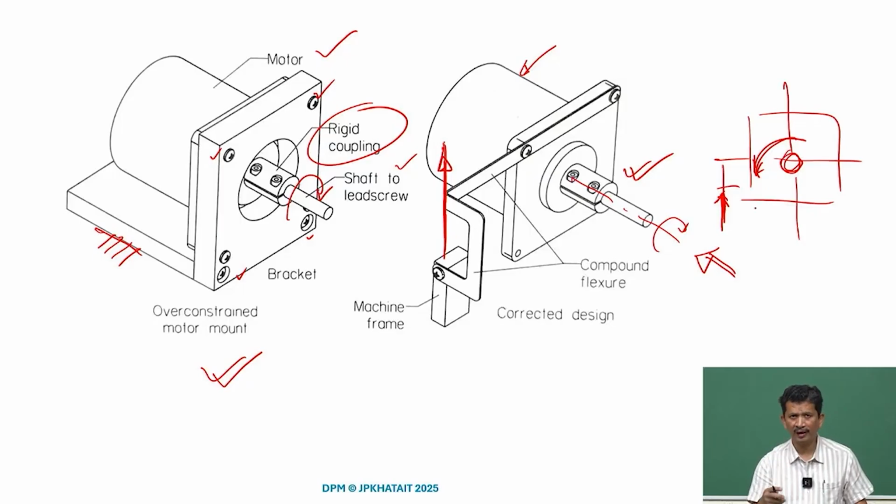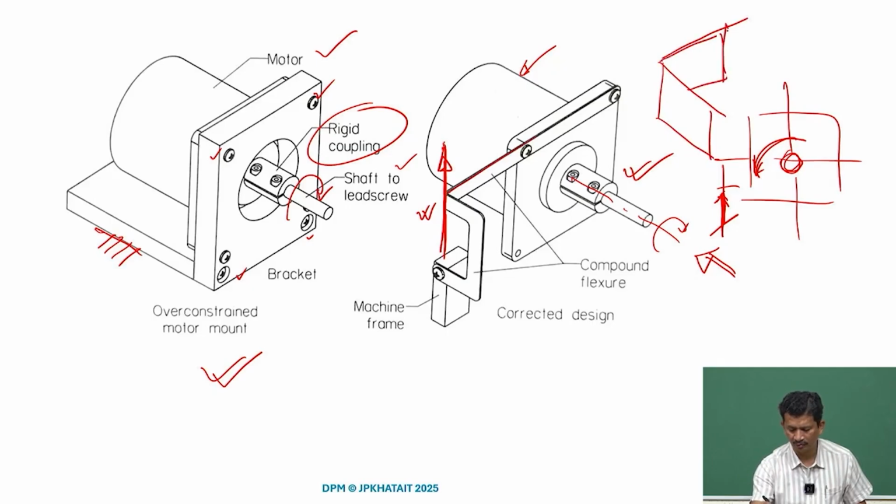So, one line constraint away from the axis of rotation can provide you the sufficient reaction moment. And in this case, it provides all degrees of freedom; it is not locking other degrees of freedom except this. So, this is a flexure mechanism. Later we will be learning about this. What we call it is a leaf spring, folded leaf spring.